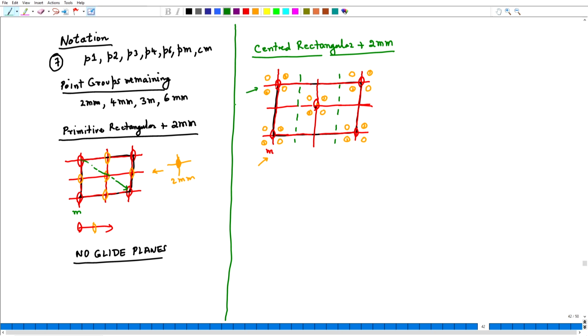We can now take a horizontal mirror. Let us say we take this mirror, and again from the top corner I take a centering translation to the middle lattice point, that we will have to produce another mirror like this. So, these are all glide planes.